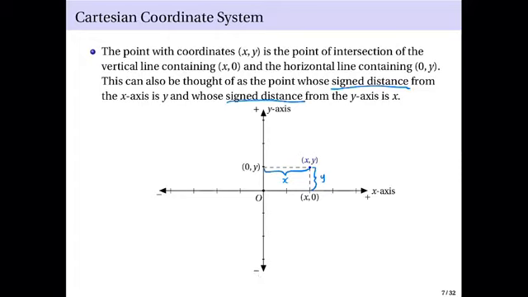So meaning, if I have some point here, which we label x comma y, the value of x here is negative because it's on the left of O. The value of y here is also negative because it's below O. So we will still think of this distance as our x.